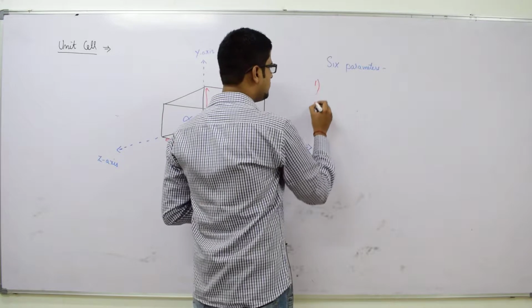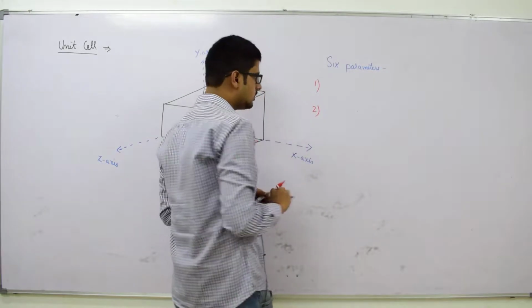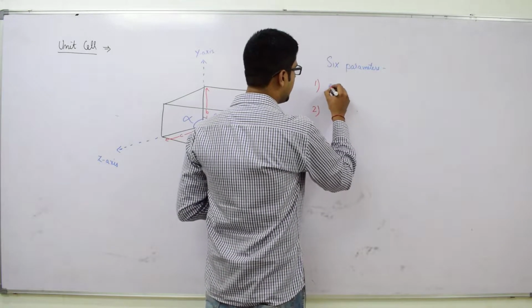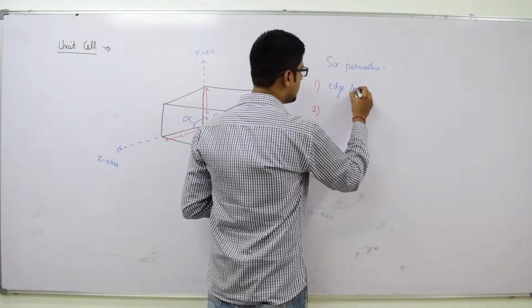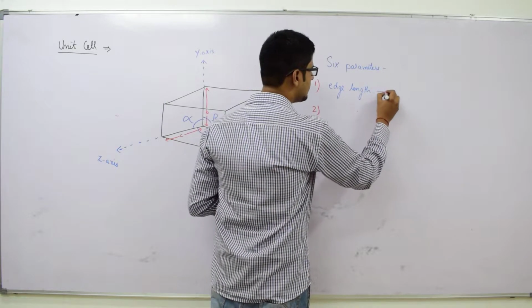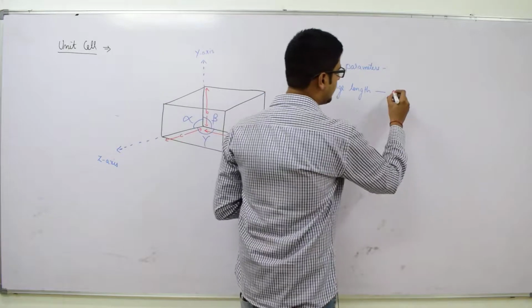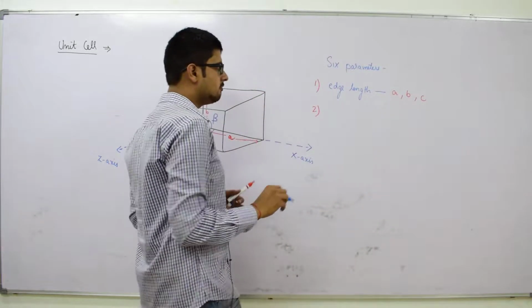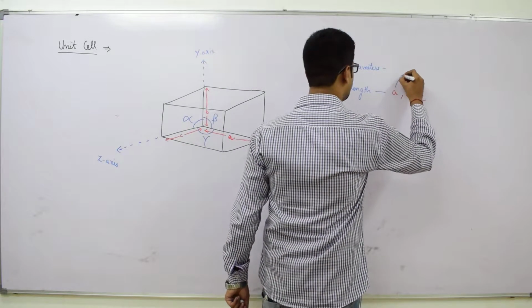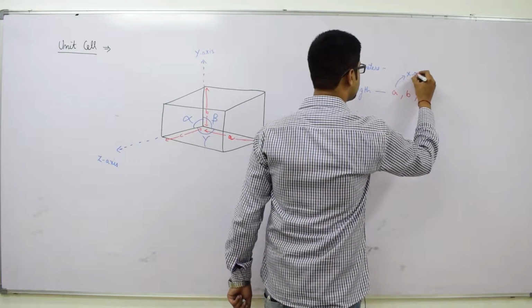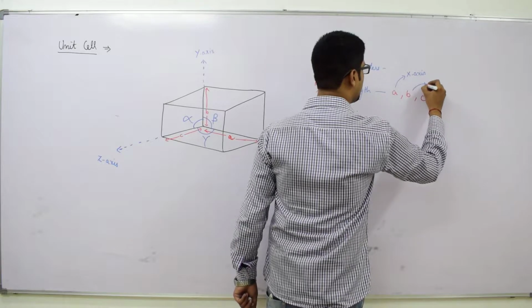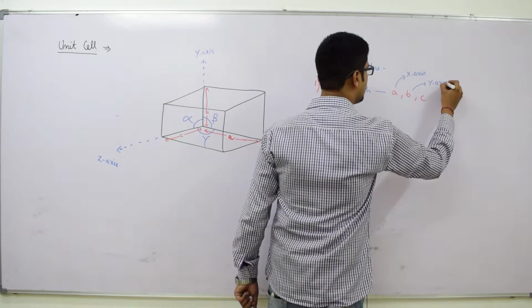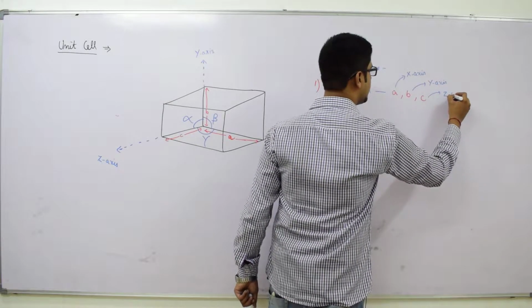They can be divided into 2 categories. The first are the edge lengths, A, B and C, where A is along the x axis, B is along the y axis and C is along the z axis.